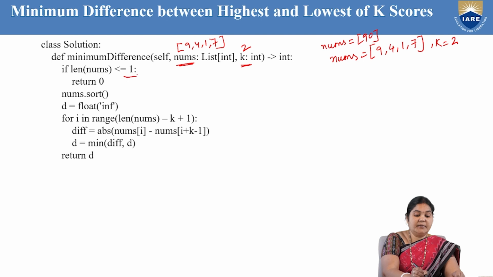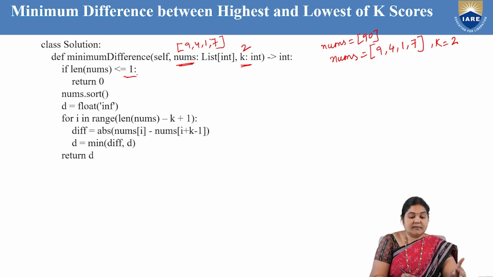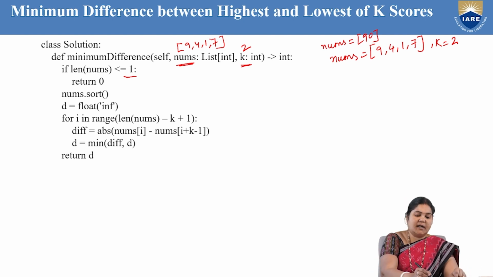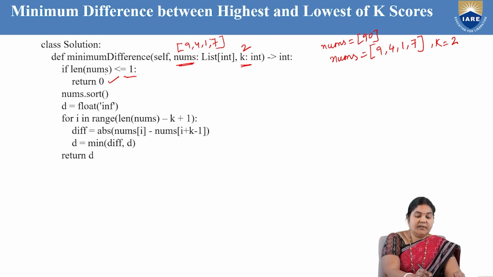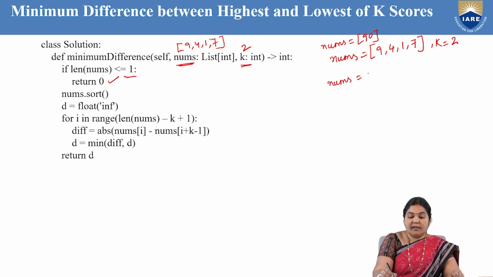So if the length of the nums array is less than or equal to 1, that means it may contain nothing, empty, or it may contain only one score, and the difference will directly be 0. Otherwise, if the length is more than that, then we have to sort it. So after sorting, my array looks like 1, 4, 7 and 9.